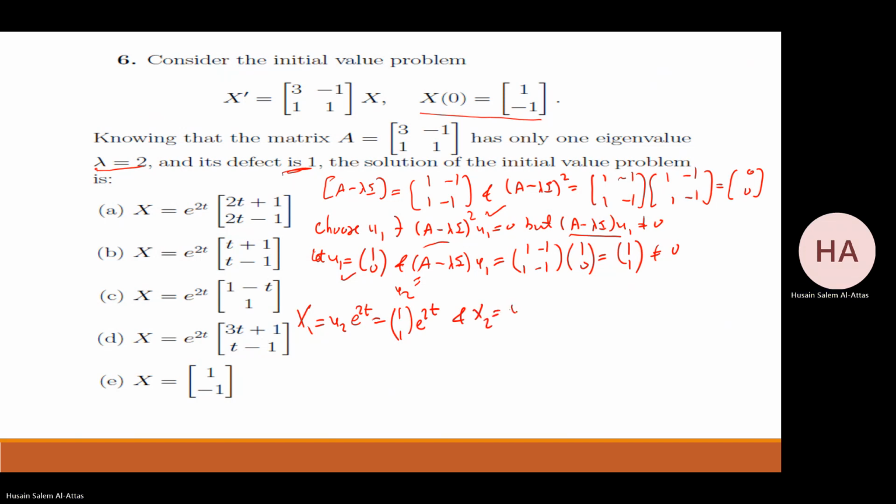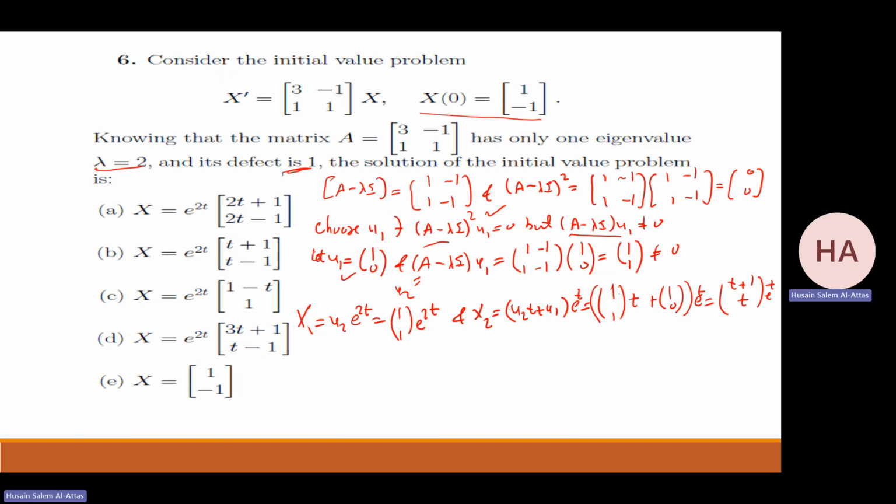X2 will be U2 t plus U1 e to the power 2t. U2 is 1, 1 times t, and U1 is 1, 0. That will be t plus 1 and t, times e to the power 2t.